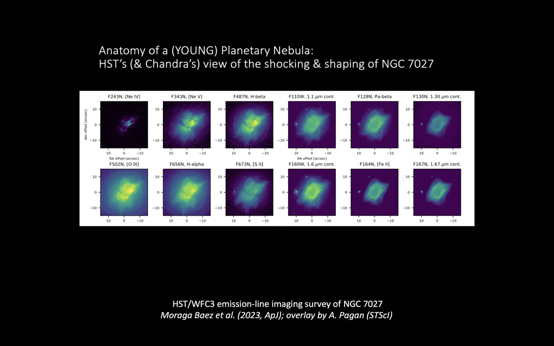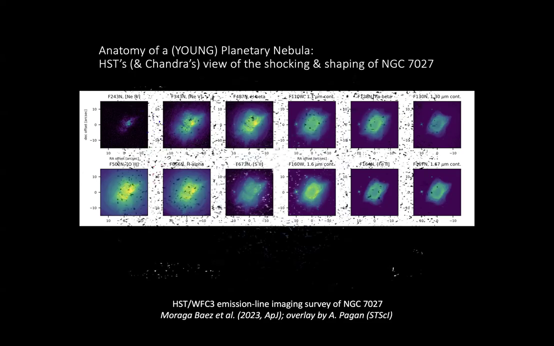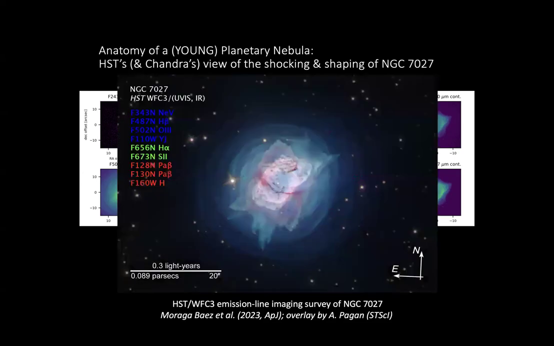You can see the character of this planetary nebula changes radically as you move across these different emission lines. And if you put them all together, as was done so beautifully by the Space Telescope Science Institute image visualization folks, color coding them in various ways, you get an almost three-dimensional view of the planetary nebula.